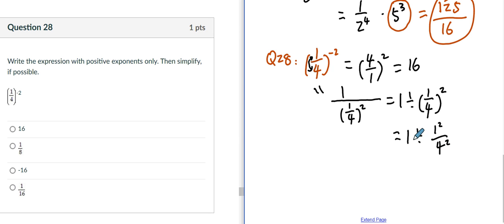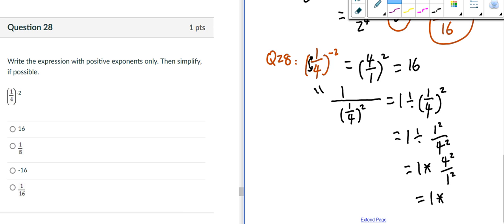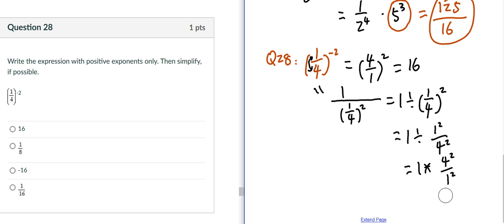Change division to multiplication. That's 1 times 4 squared over 1 squared. And then you see, 1 times any number is that number, so you do not really have to write this one anymore. And you will agree that would be 4 squared over 1 squared.